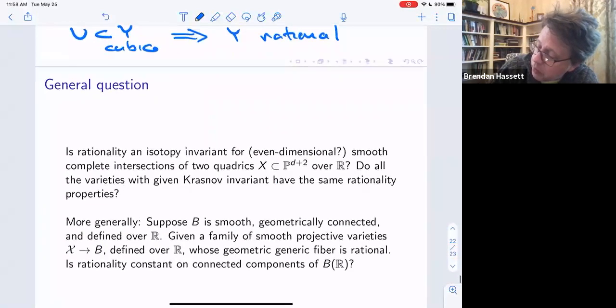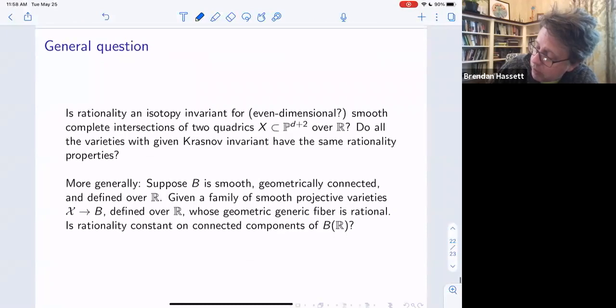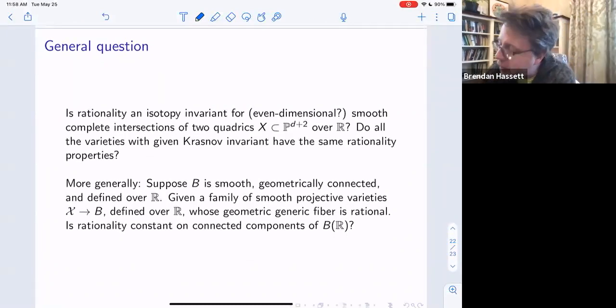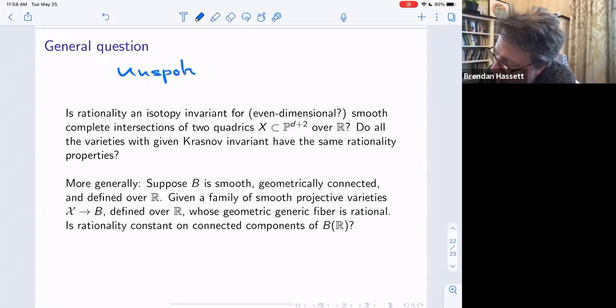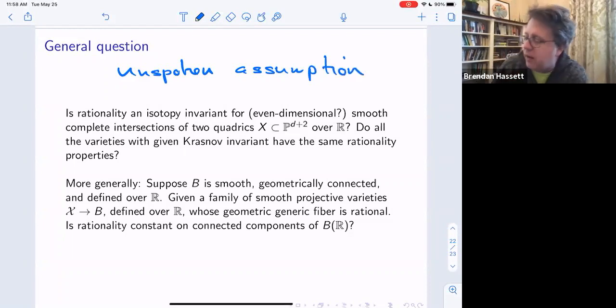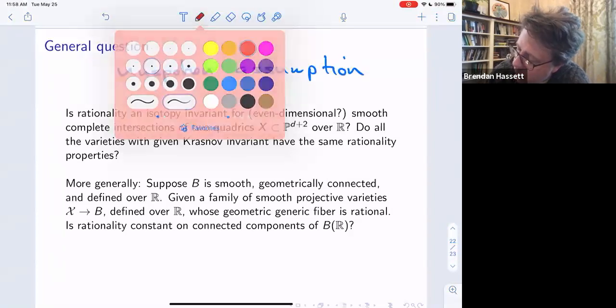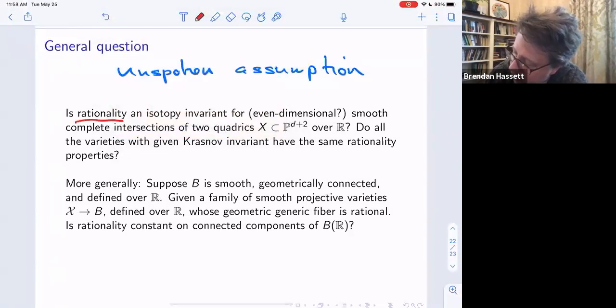And so let me just raise a more general question. This is the unspoken assumption underlying everything that we did today. And that is: is rationality an isotopy invariant at all?